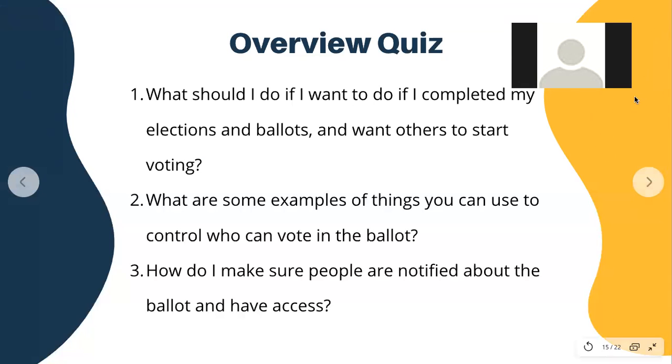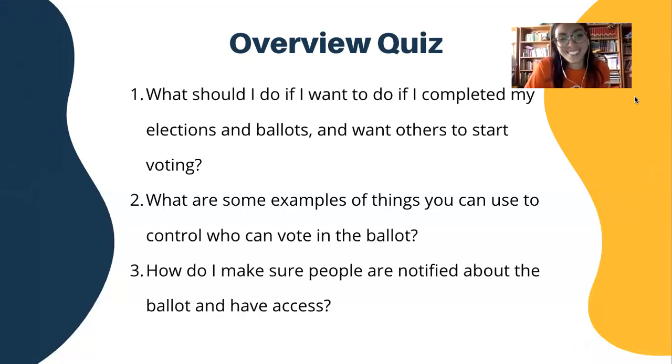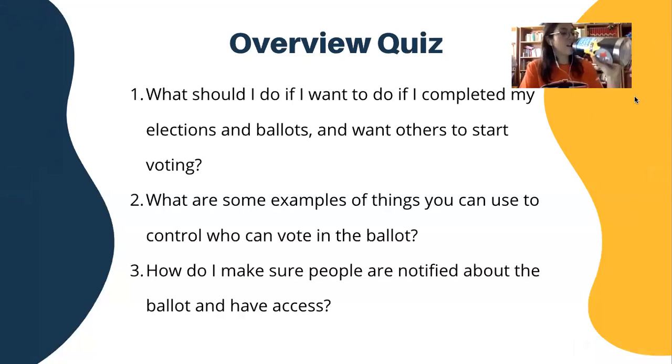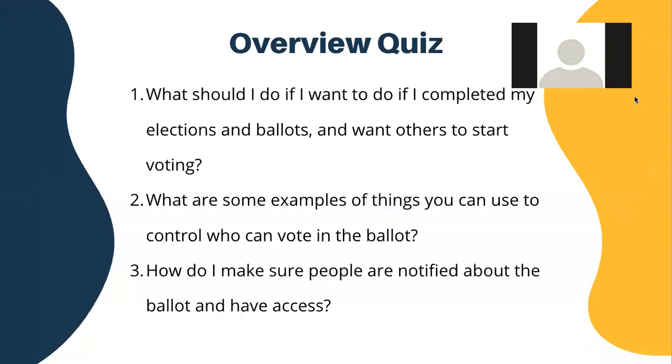Okay, I can go again. I mean, since I was the one who created the homecoming theme for the campus to vote, wait, sorry, we're on question 2, right? Yes. Examples of things you can use to control the voting? Sorry, I thought examples of like voting ballots.